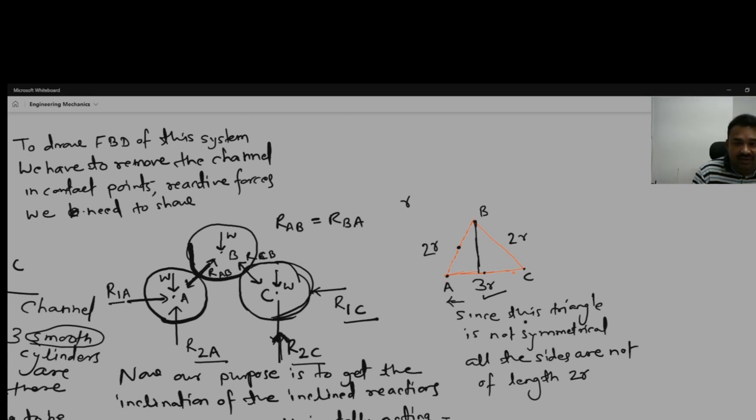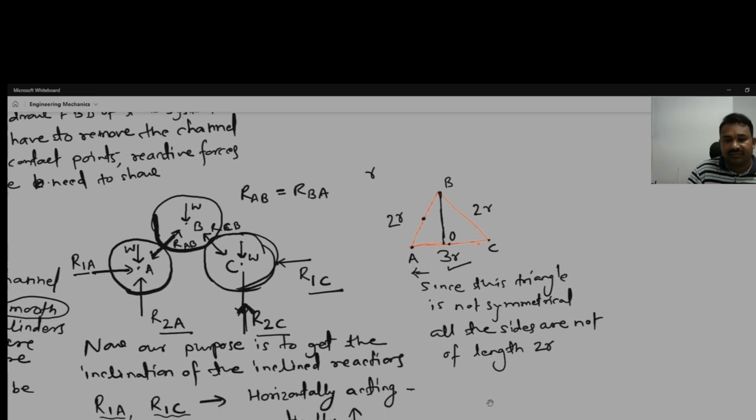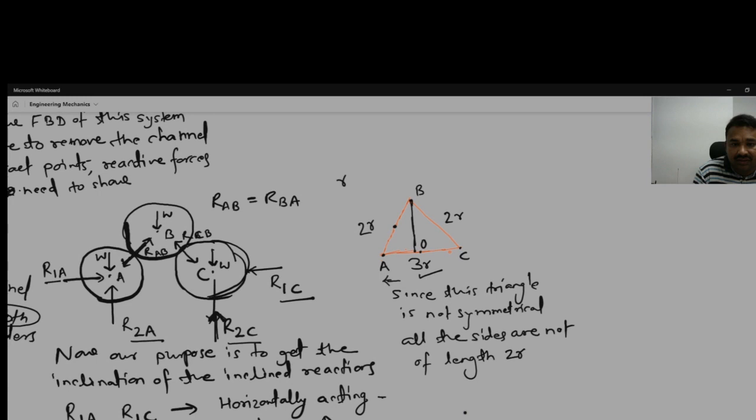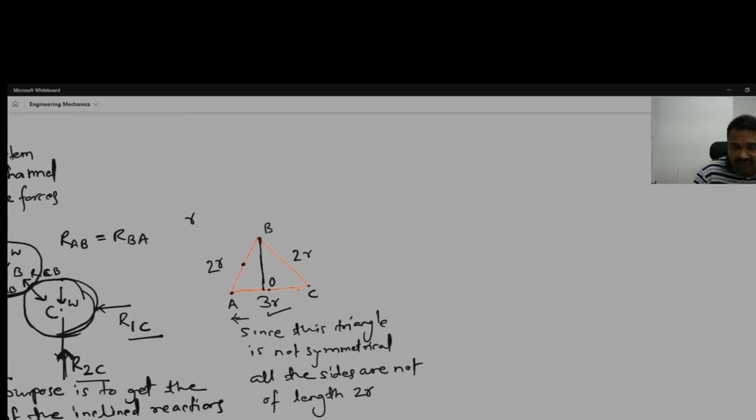Okay, giving some name like O. Okay, so what we have now, this one, this one, this one, this is 2R, this is O, B, A, and it is now 1.5R, and suppose this is theta.